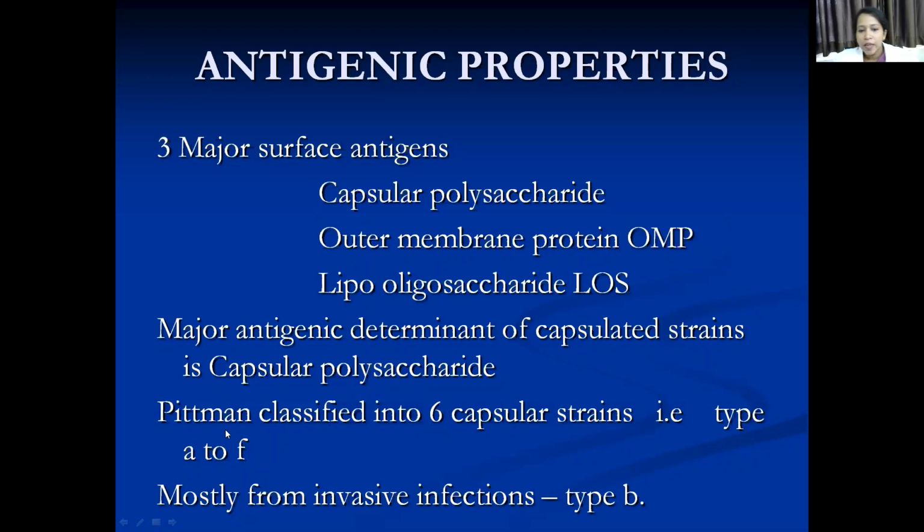He classified the capsular polysaccharide into 6 types, typed A to F: A, B, C, D, E, F. The most invasive, most pathogenic form belongs to type B. This you have to remember.